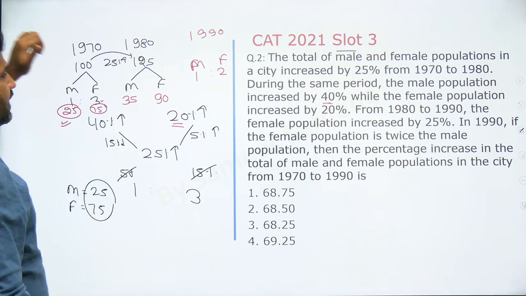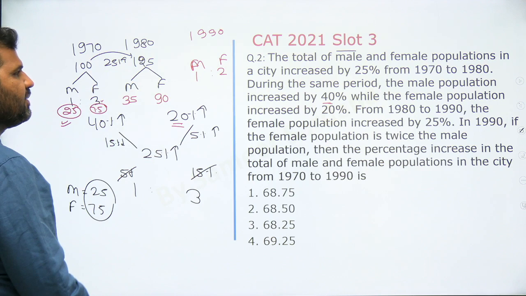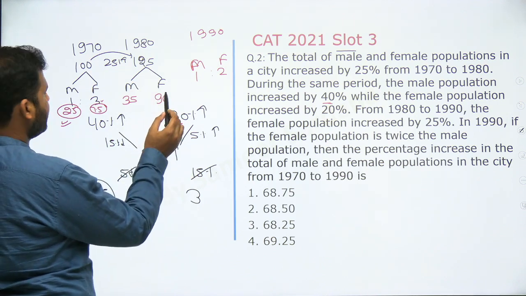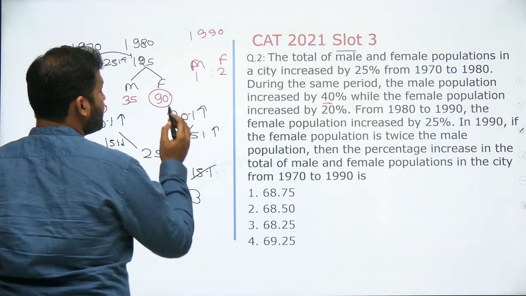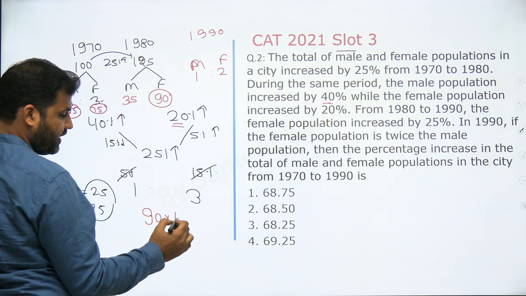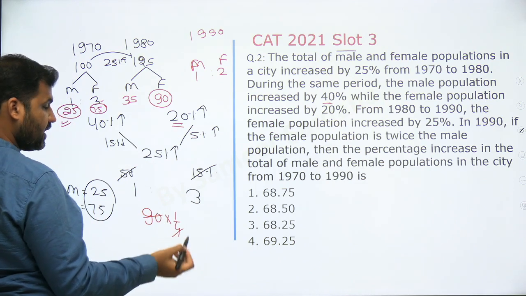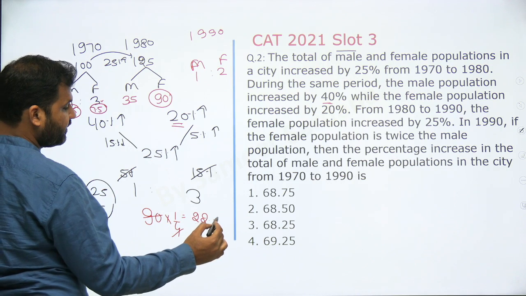Okay, now when you look at 80 to 1990 the female population increased by 25%. Female population अभी 25% बढ़ रहा है, so 90 का 25% is 1/4, which is equal to 22.5.